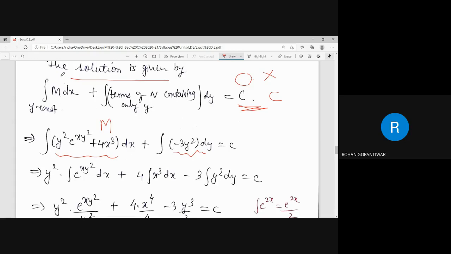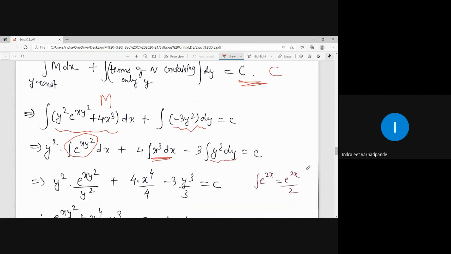Now tell me how the integration process will go. Y is constant, so we only have to do the integration of e to the power xy square, 4 outside integration of x cube, minus 3 outside integration of y square dy.